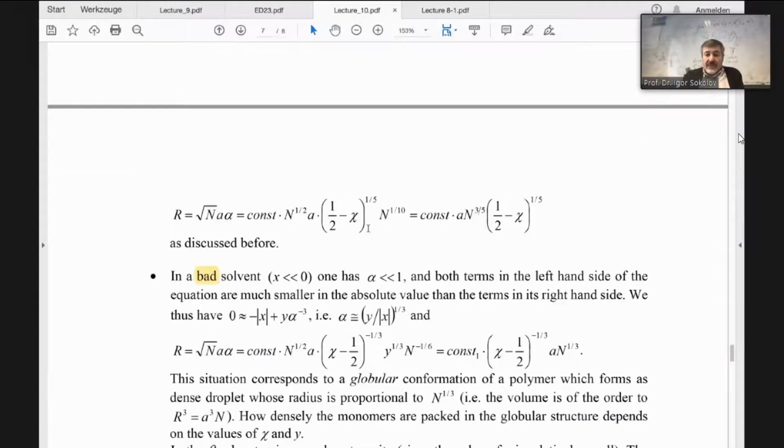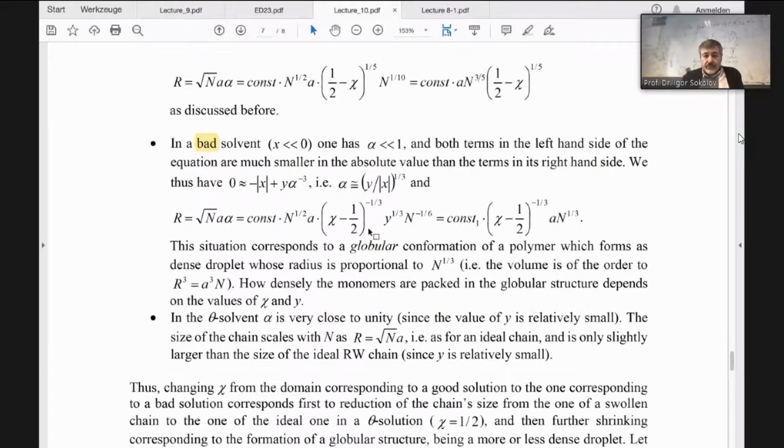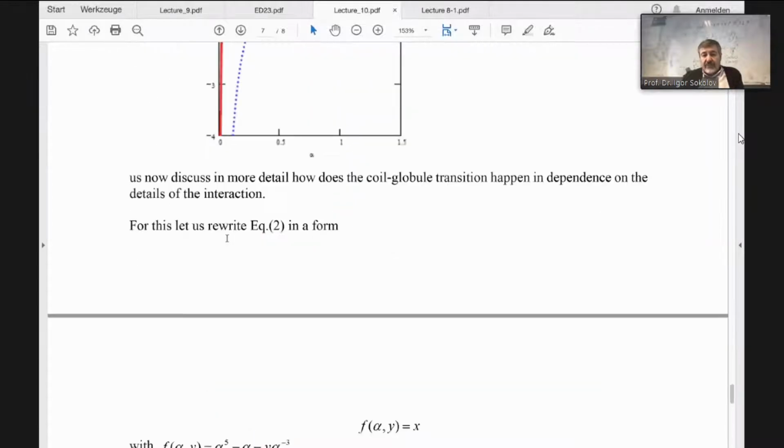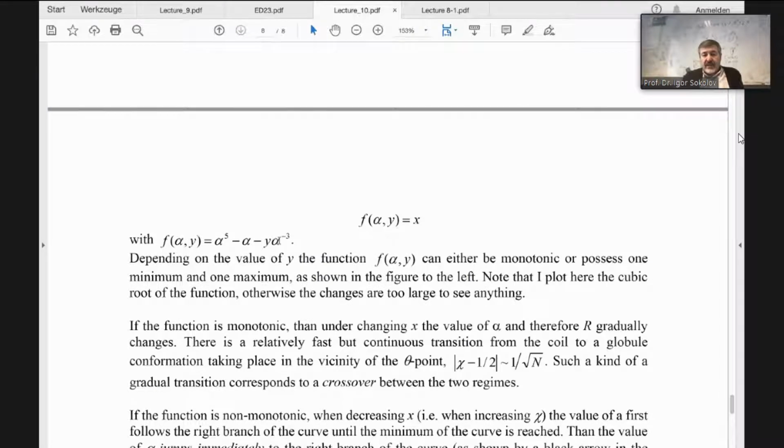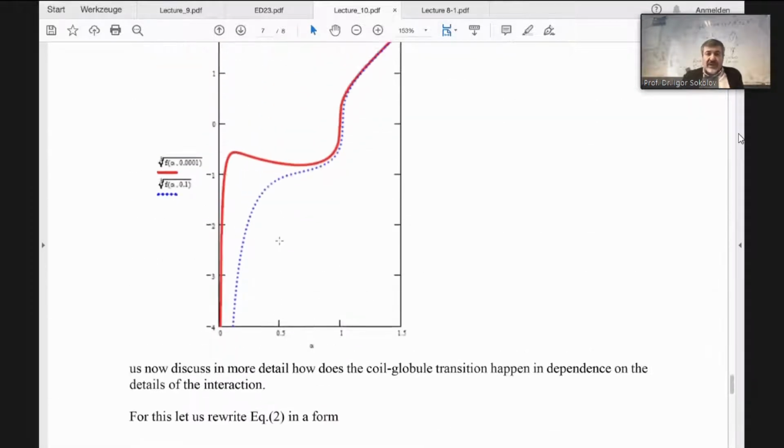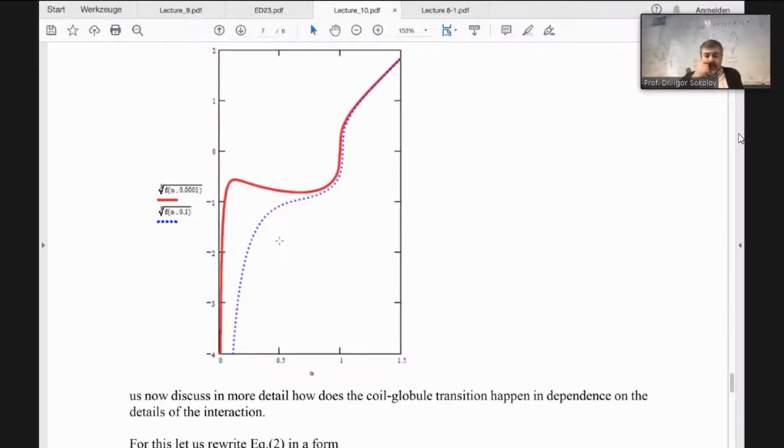And I call this function f of alpha, alpha^5 minus alpha minus y alpha^(-3). And now what I'm doing, x is essentially a number times (1/2 minus chi) times square root of n. It depends on n, it depends on chi. And now I am looking for the solution of the equation f of alpha is equal to x.